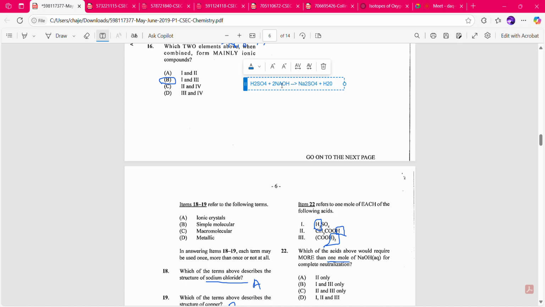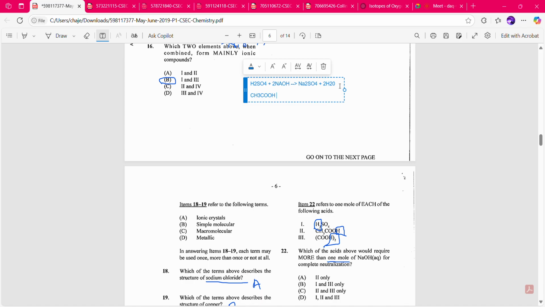If I were to balance this, I would have to put a 2 here because we already have 2 sodiums here. And I would also have to put a 2 here to make us have the same number of hydrogens. Right? So you can therefore see that for every 1 mole of sulfuric acid, you need 2 moles of sodium hydroxide to neutralize that sulfuric acid.